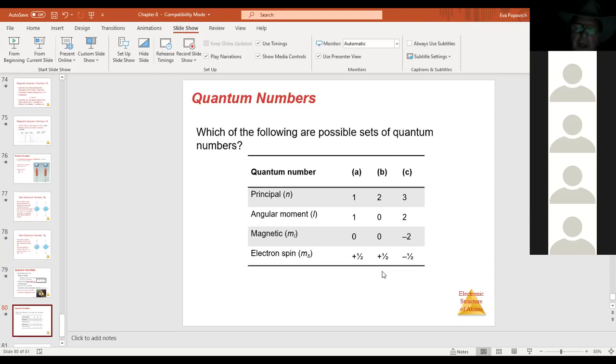Think of it another way, Ian. Doesn't L being 0 stand to be like an s orbital? Yes. So is it possible to have a 2s orbital? Yes. So it's a good number. Likewise, the L value of 1 stands for a p. Can we have a 1p orbital?